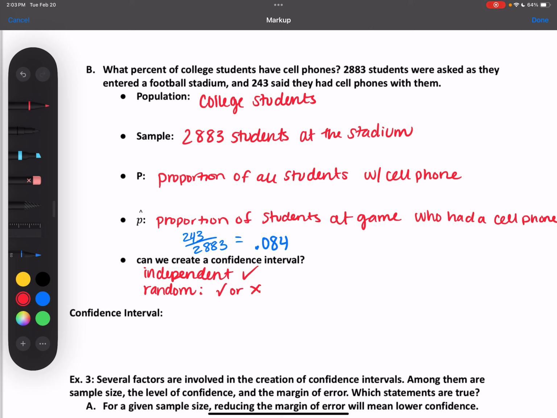What would definitely make it random is if they said we did it at gate D, and students could come in through 3 different gates. This is the total number of students in the stadium, and we surveyed this many out of that, because that would be more random since they would be going in through different gates.